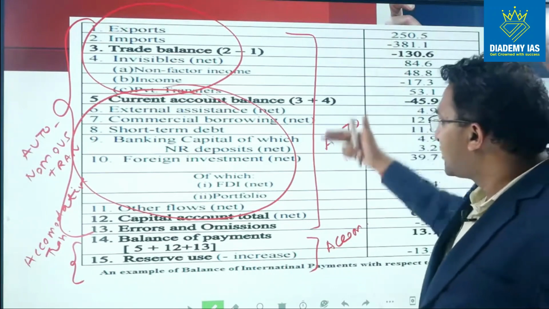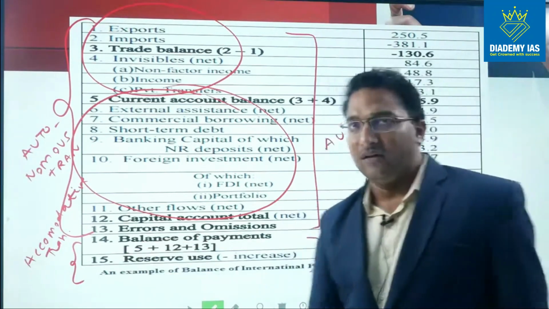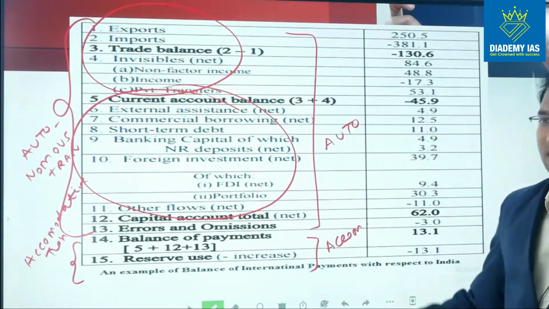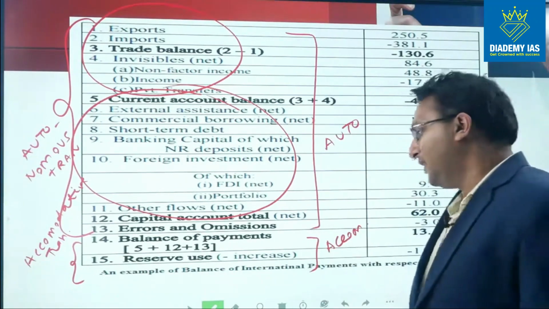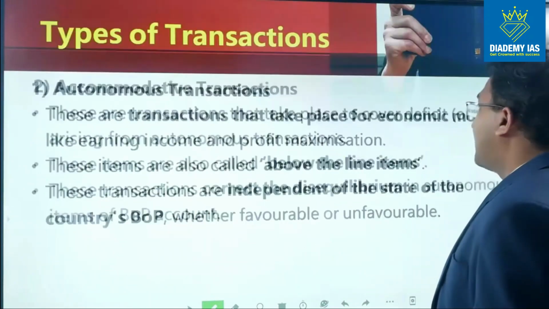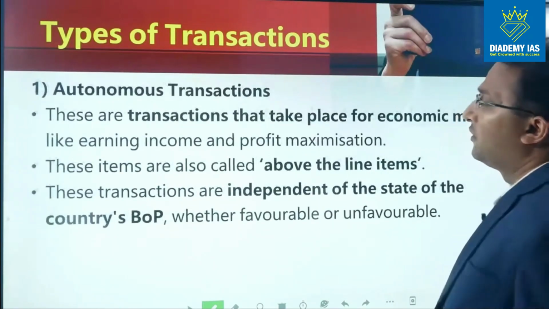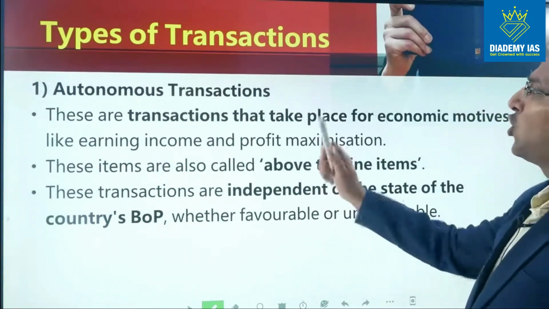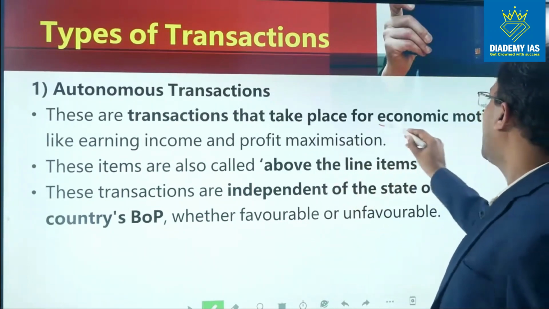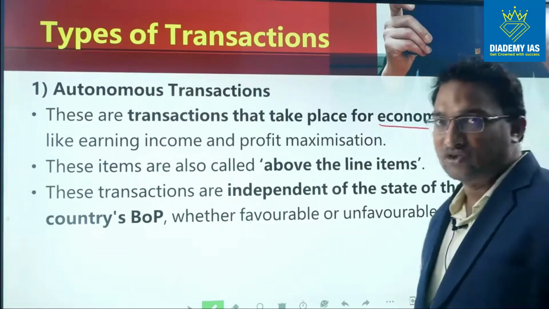These autonomous transactions, they are called above the line because they are above the balance of payment, and these accommodative transactions, they are called below the line because they are below the balance of payment, right? So overall, can we differentiate between two like this? Autonomous transactions, these are the transactions that take place for economic motives like earning income and profit maximization.